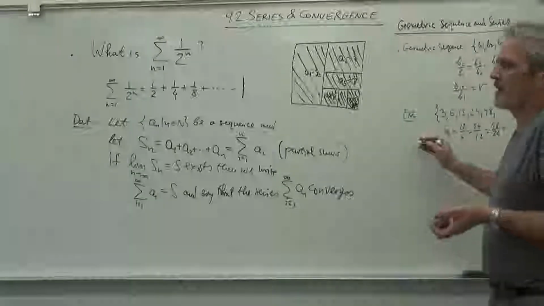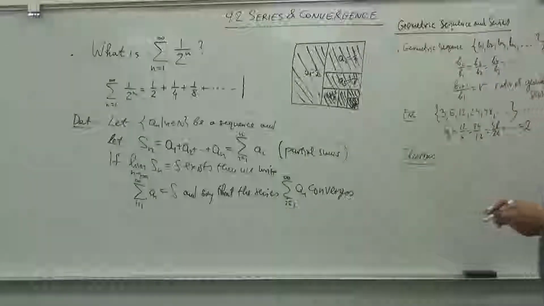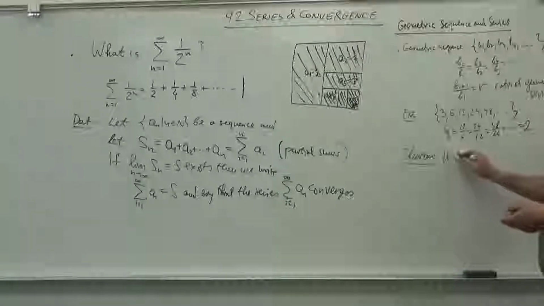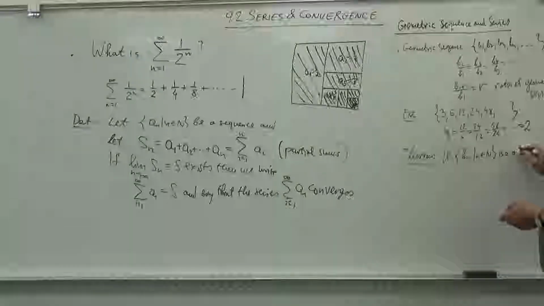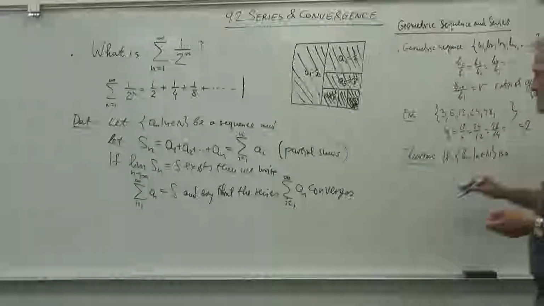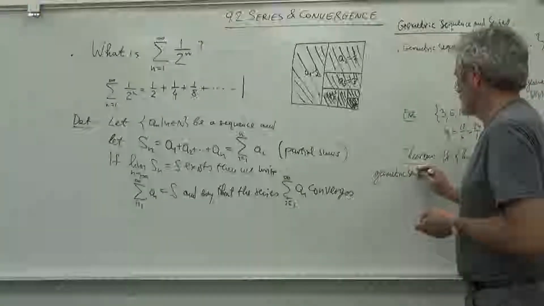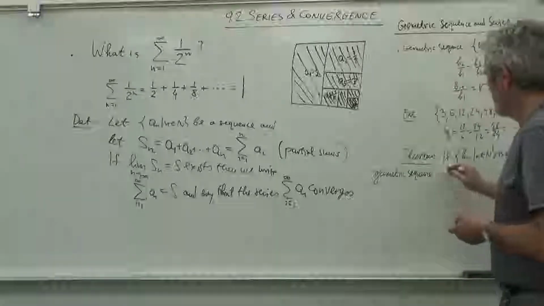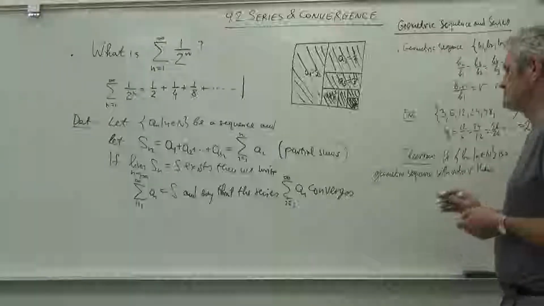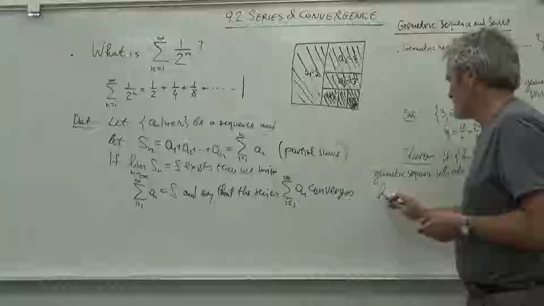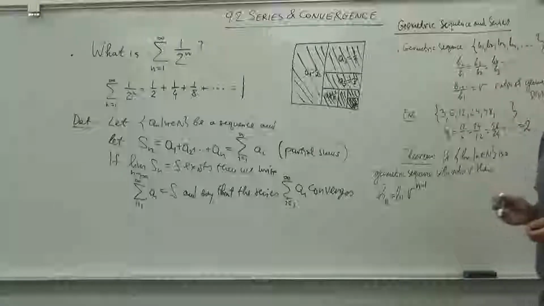And there is an important and trivial little theorem: if Bn, where n belongs to the natural numbers, is a geometric sequence with ratio R, then Bn equals B1 times R to the n minus 1.